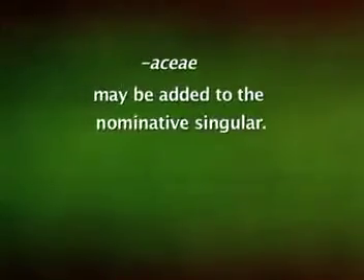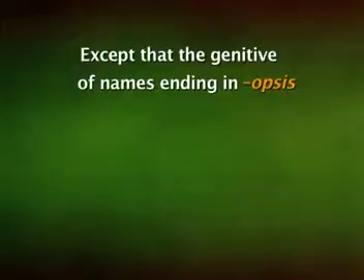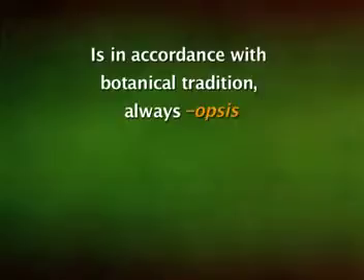Likewise, when formation from the genitive singular of a generic name results in a homonym, -aceae may be added to the nominative singular. For generic names with alternative genitives, the one implicitly used by the original author must be maintained, except that the genitive of names ending in -opsis is, in accordance with botanical tradition, always -opsidis.